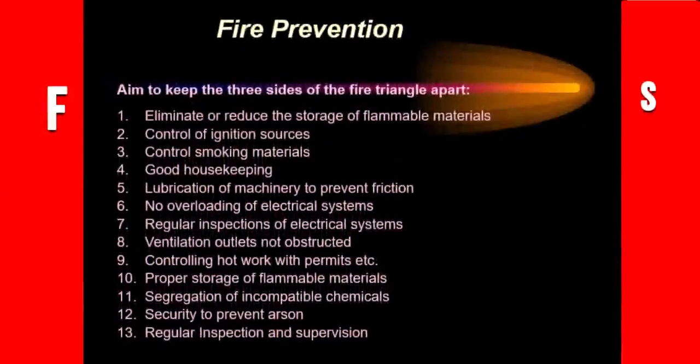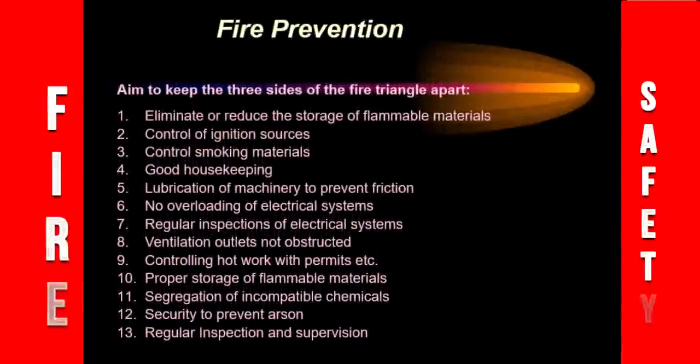Fire prevention or fire avoidance is possible if you focus our aim to keep the three sides of the fire triangle apart. How is it possible? If you remember these 13 points and apply them at home or even on your work site.